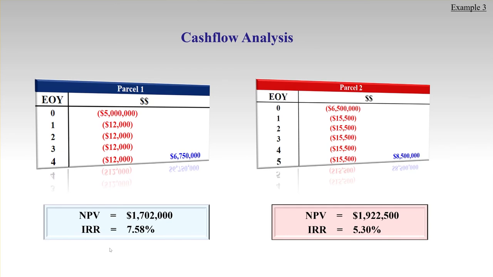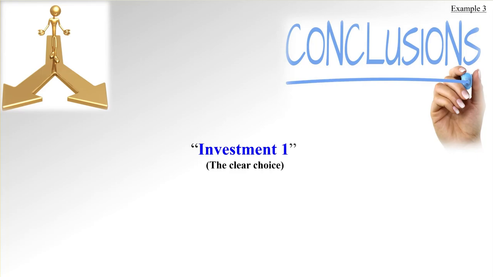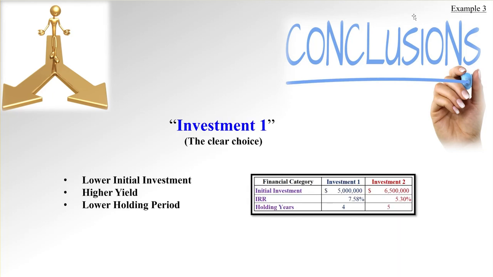We have done our analysis and we have our respective net present values and our internal rates of return. So now the question is, which property is the better investment, parcel 1 or parcel 2? Based on our analysis, we believe investment 1 to be our clear choice and therefore the winner. Investment 1 has a lower initial investment, higher yield, and lower holding period.